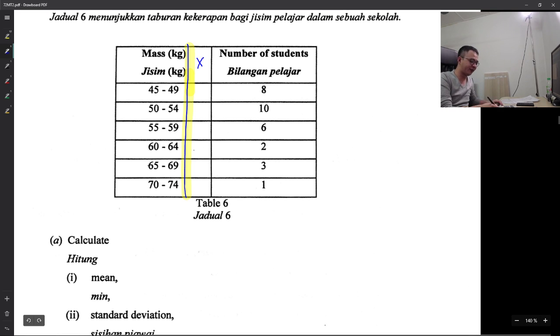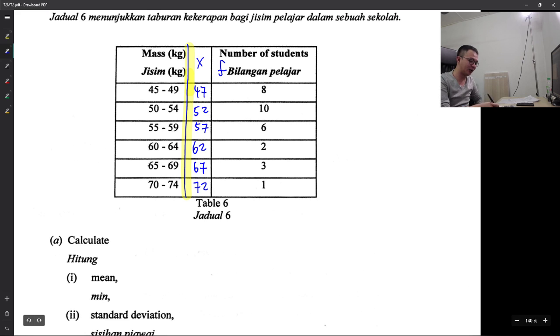Take 45 plus 49 divided by 2. So you should get 47. So this x is 47. x is the midpoint, so the rest will be 52, 57, 62, 67, and 72. And obviously this is frequency, the f value.